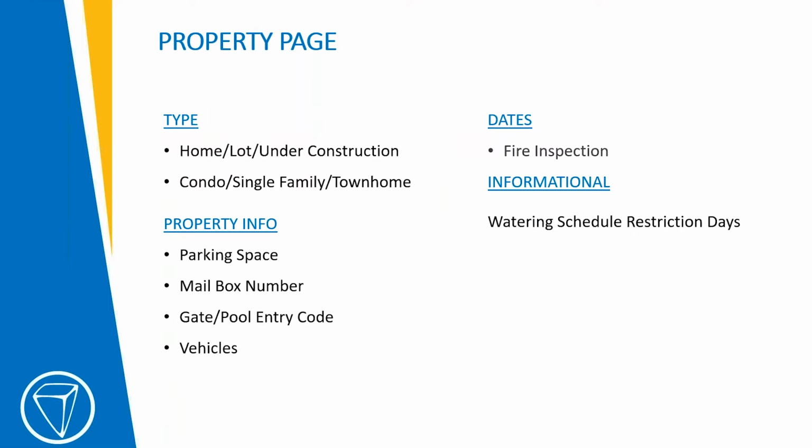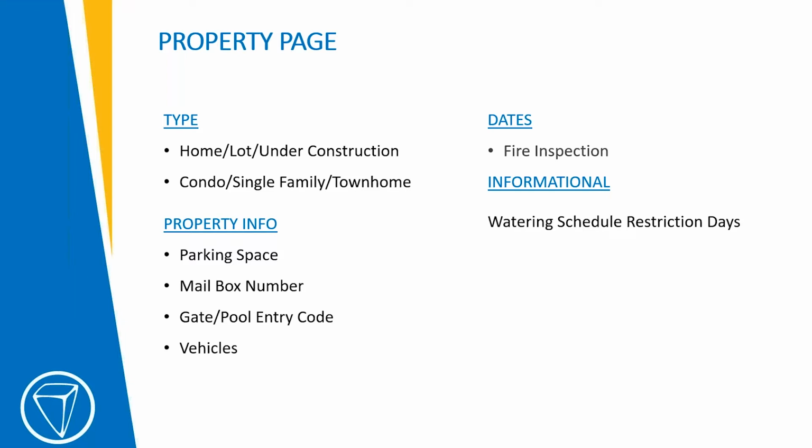And then we've got custom fields that we can assign specifically to the property page. So if you've got different ones that maybe have lots under construction, or empty lots, or homes built on them, you could have a drop down and assign it from that property page, so that you could quickly see if that property has a home or a lot, or if it's under construction.